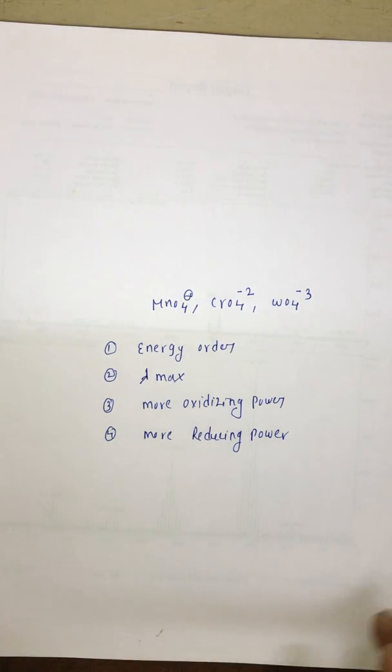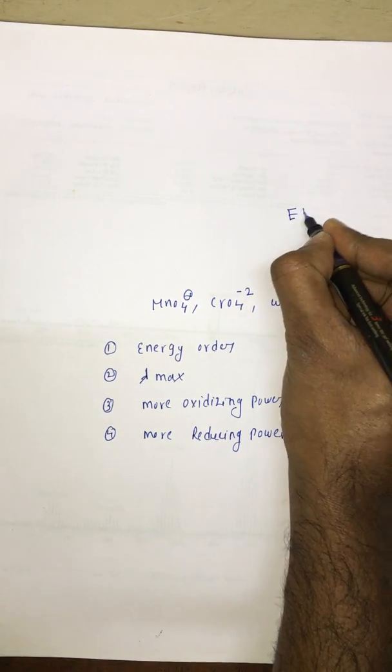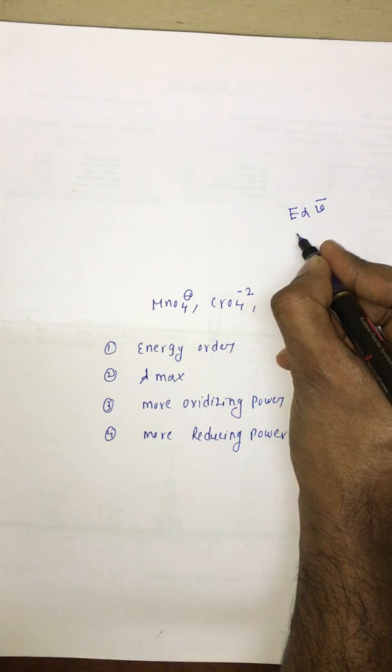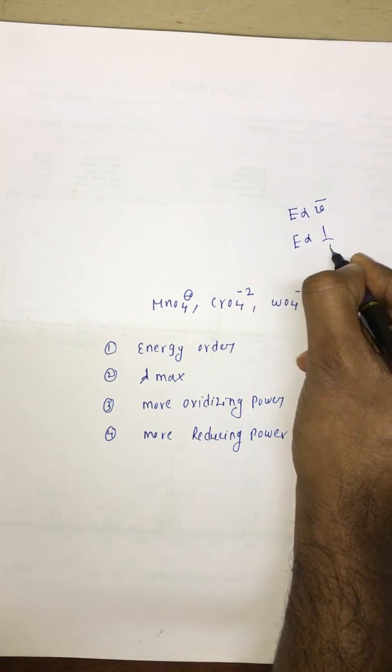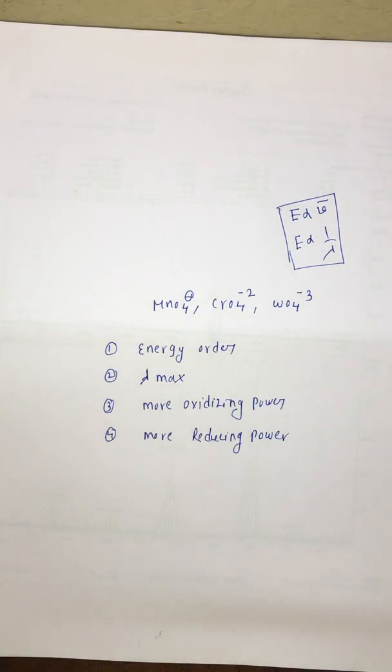All these things we can just remember. We know that energy is directly proportional to frequency and inversely proportional to lambda max. Based on this concept we can answer everything.